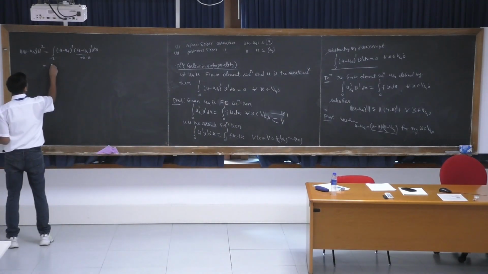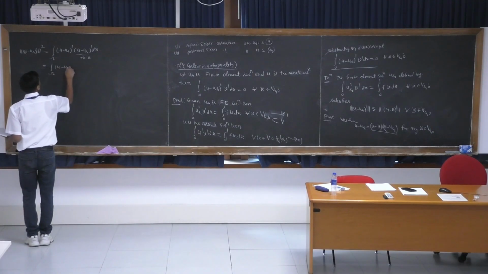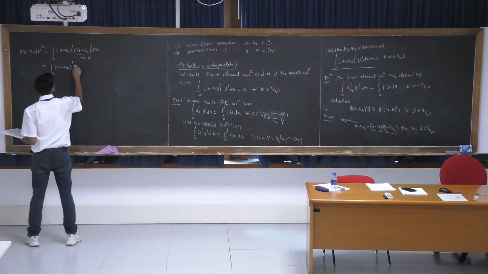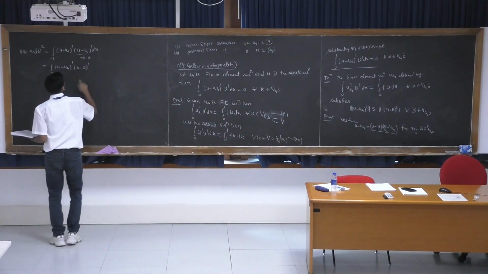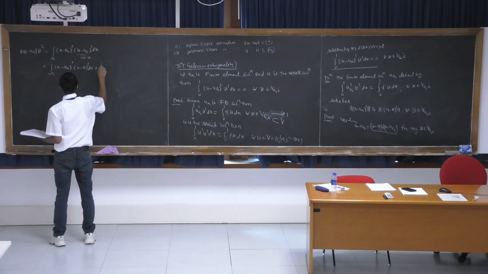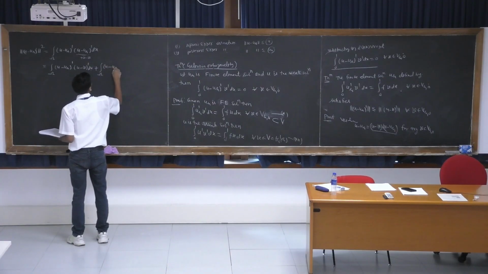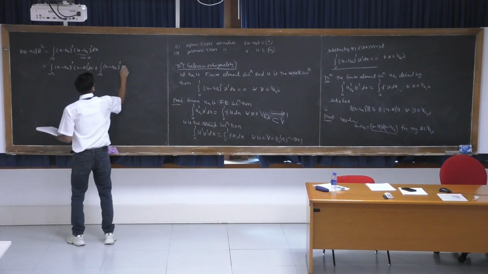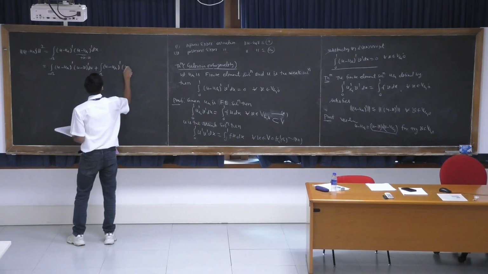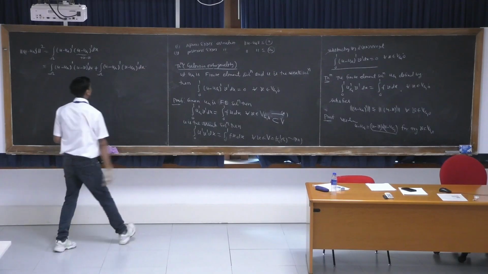So this can be written as the integral of (u minus uh)' times ((u minus v)' plus (v minus uh)') dx.